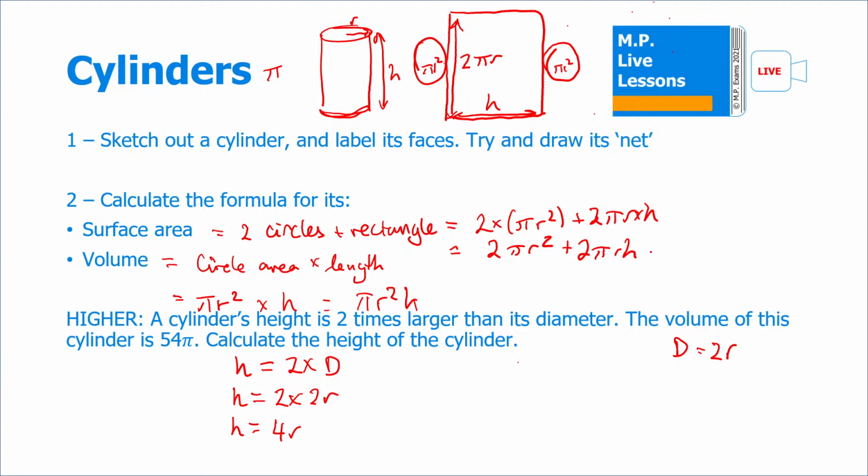So if we start to calculate the volume of the cylinder, we have pi r squared h equals 54 pi. We can cancel the pi's out first. And we actually want to find the height, so we want the height on its own.